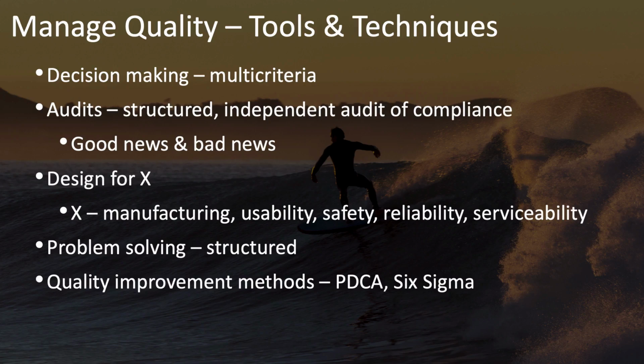You could design it for maximum safety or improved reliability or making it easier to service. You'll also have problem solving as a tool and technique, and your problem solving would be best if you use a structured approach. And you can also take advantage of quality improvement methods such as the PDCA cycle or Six Sigma to help you find ways in which you can improve your quality processes.